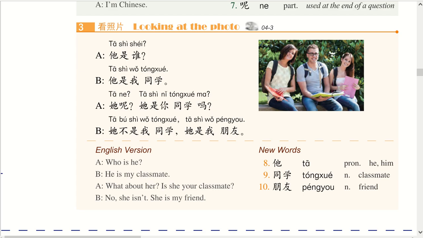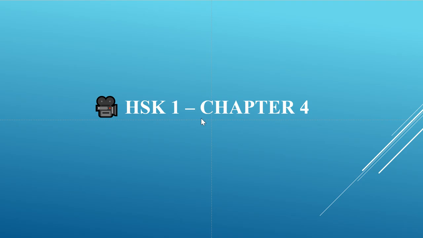So, today we learned in chapter 4, HSK 1, who is she? 她是谁? Which country are you from? 你是哪国人? Possession with 的, negative sentence with 不, question mark with 吗, and question particle with 呢. Very important structures for daily communication.